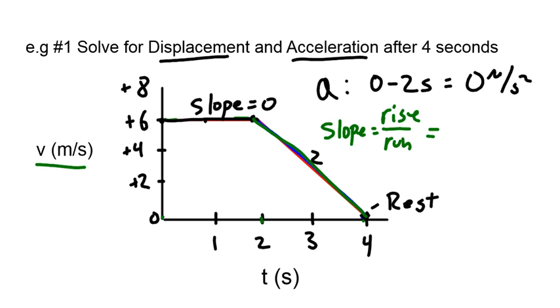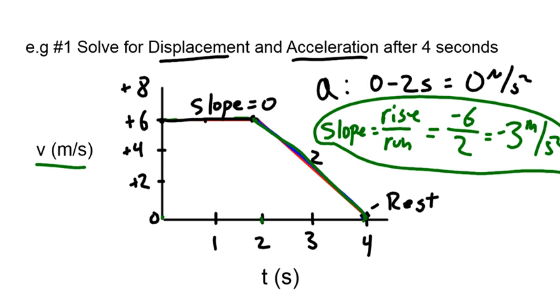Our velocity starts at 6 and goes down to 0 meters per second, so the change in velocity is negative 6. The run, the time it took to do that, was 2 seconds. So our slope is negative 6 over 2, which is negative 3. So our acceleration is negative 3 meters per second squared.